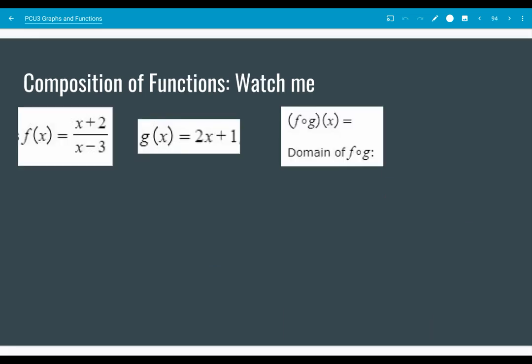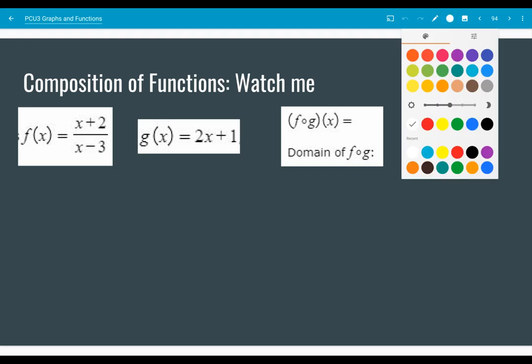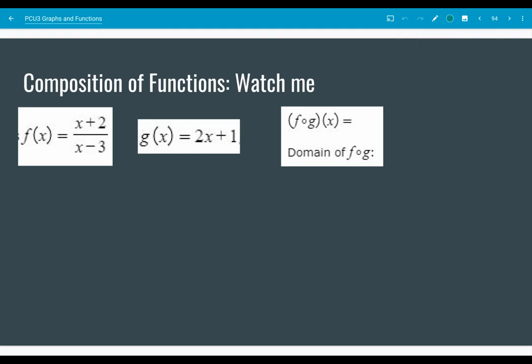Now we're looking at the domain as well, and the domain of the composition specifically. So what we're looking at is f of g. So we're first going to do g and then do f. So looking at f, everywhere that x is, we replace it with g.